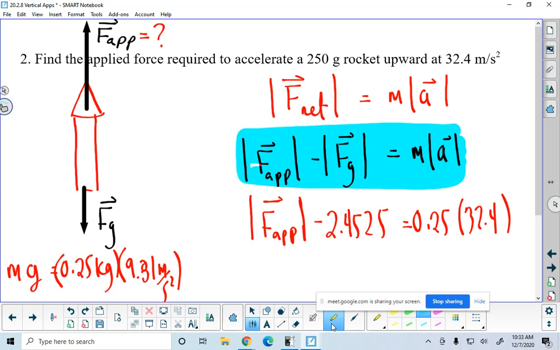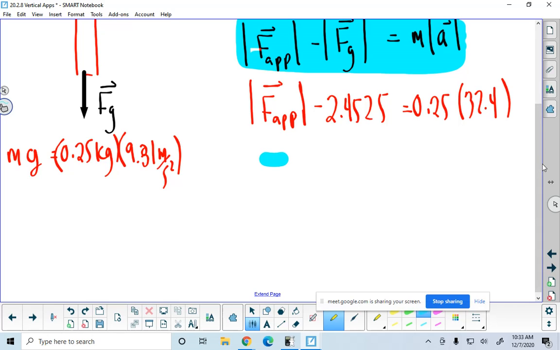But we can calculate this now. We've got a simple formula.